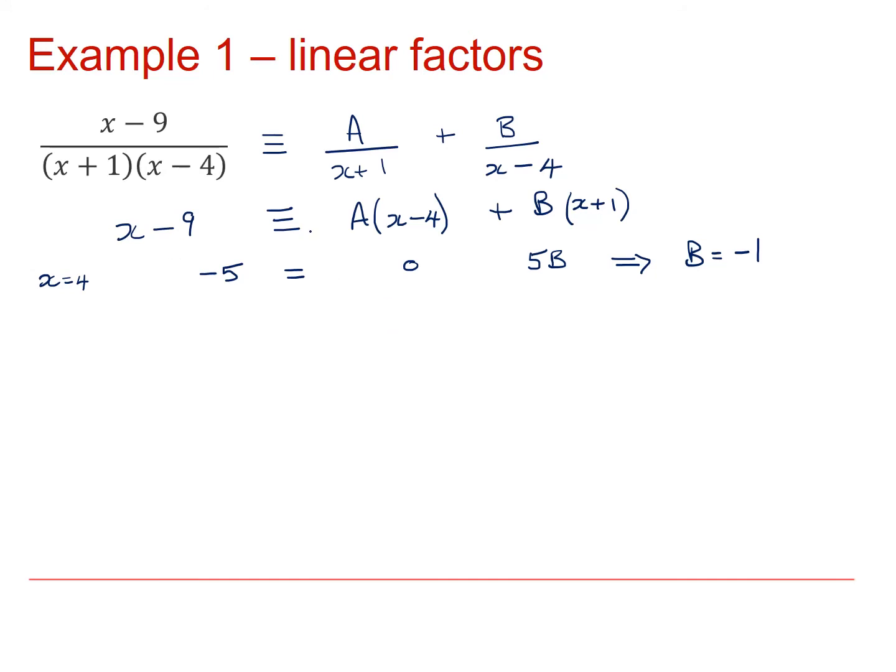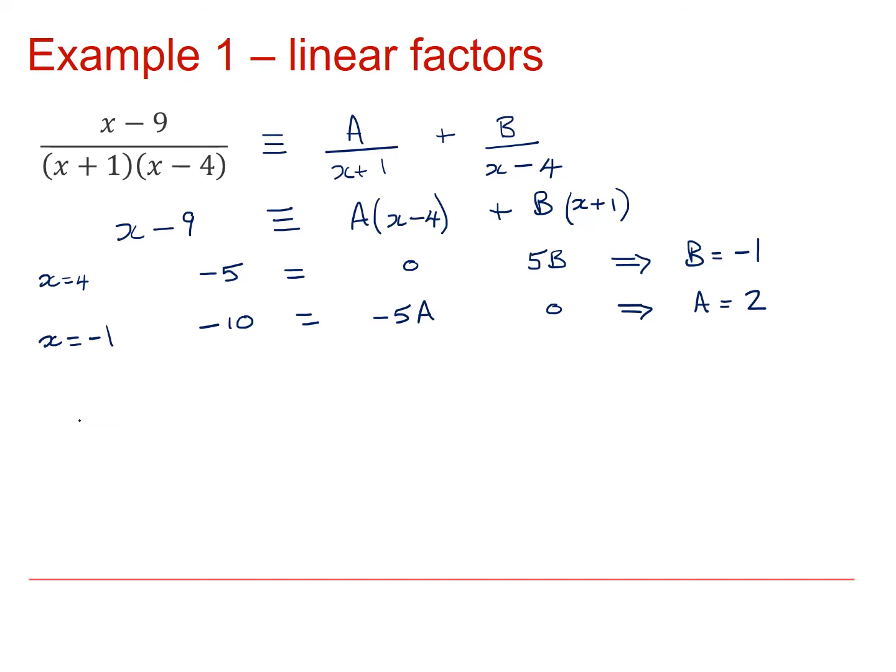And again, because it must work for every value, if I choose a value of minus 1 to zero out this bracket, so think about what happens when x equals minus 1, I get minus 10 is equal to minus 5a, and we already know the other bit must go. So this implies that a is equal to 2.